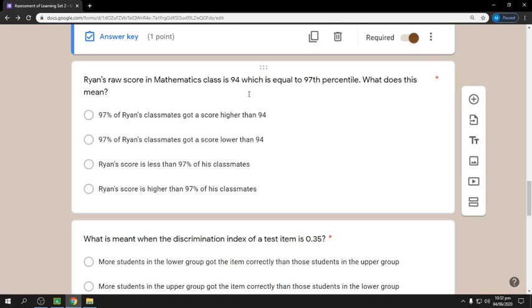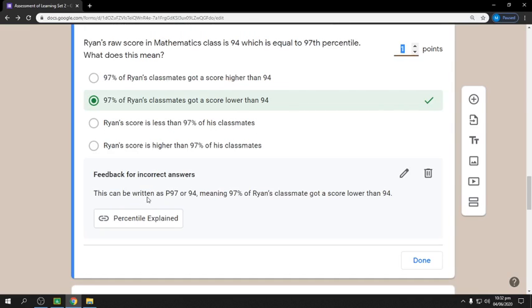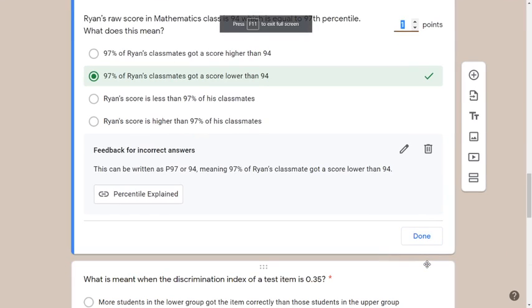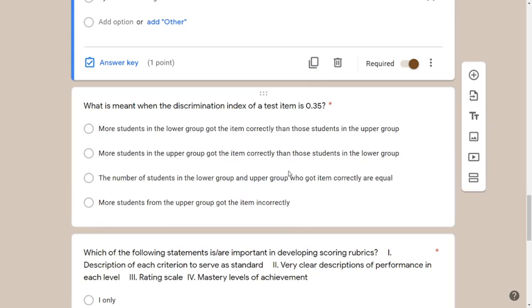So option B for me is the answer. Let's check. And that's the correct one. This can be written as P97 = 94, meaning 97% of Ryan's classmates got a score lower than 94. Again, you can click this link if you visit my website, my virtual classroom, for more explanation. Next, let's go to the next question.